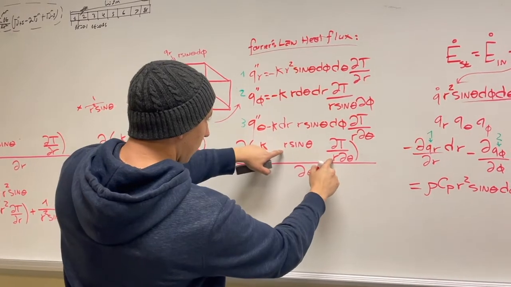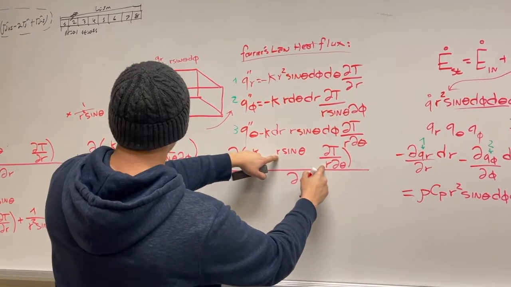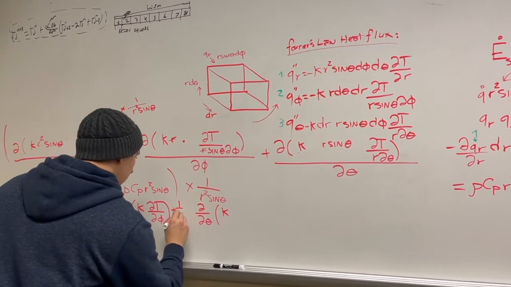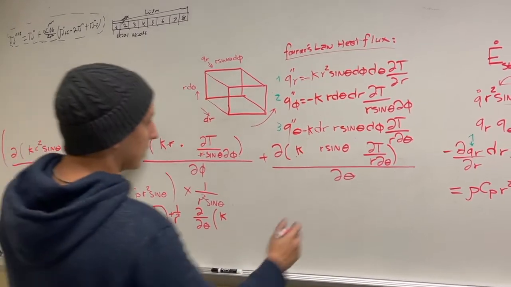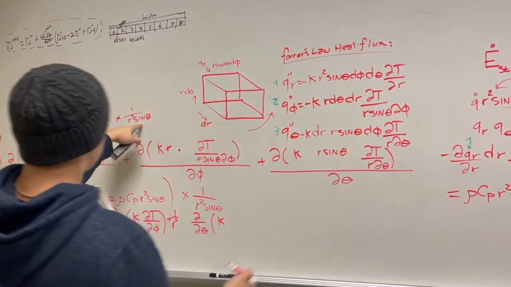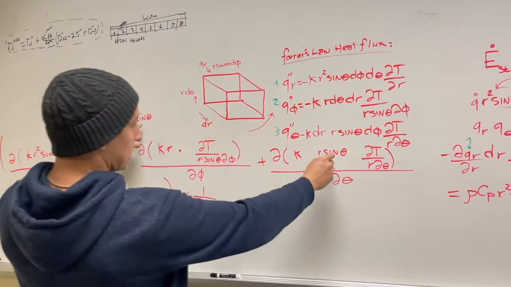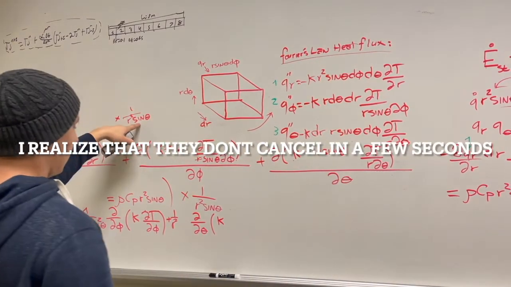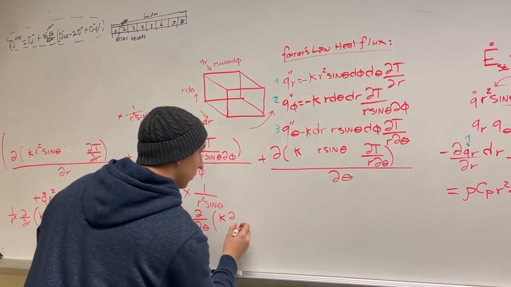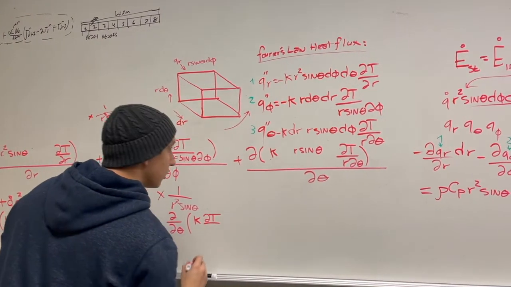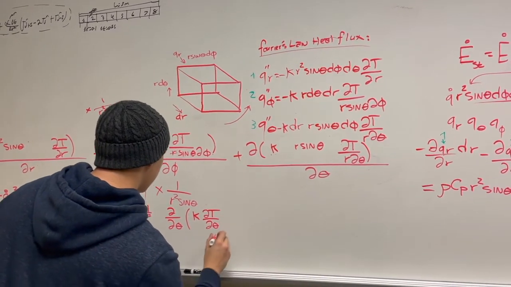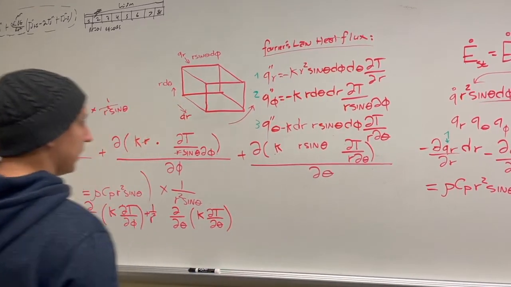And these two r's get canceled. So that r squared is going to come out. So you're going to have 1 over r squared. The sine is going to cancel with this sine. Or, yeah, so the sines are going to cancel. This is in the numerator, this is in the denominator. And then you're going to have del T over del theta. And there we go.